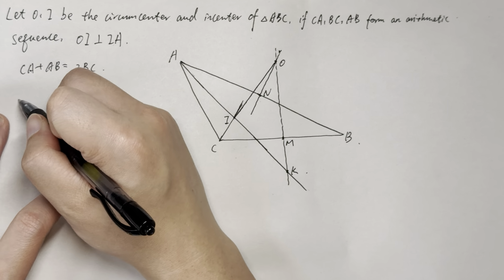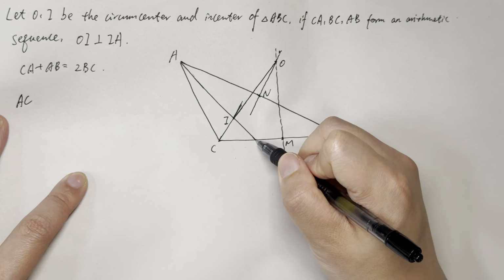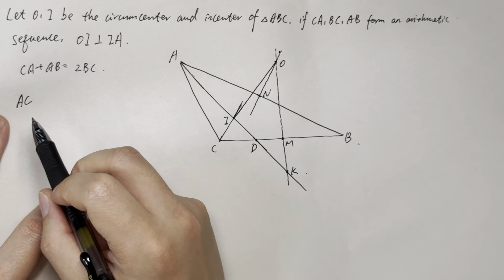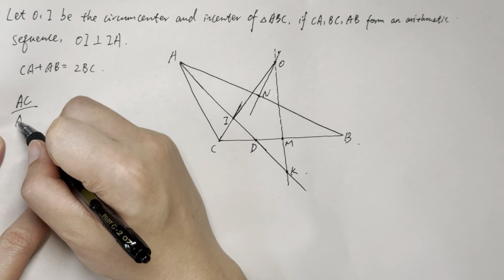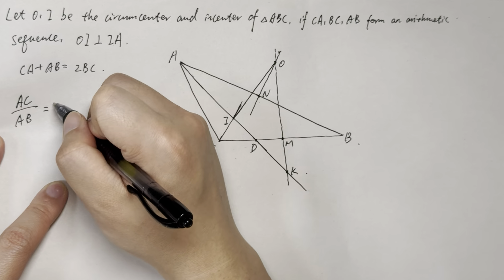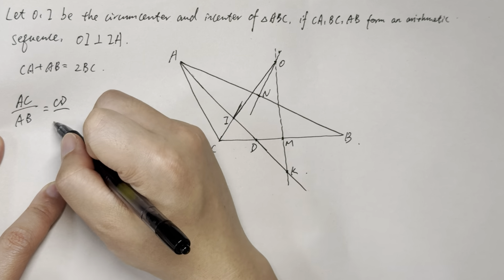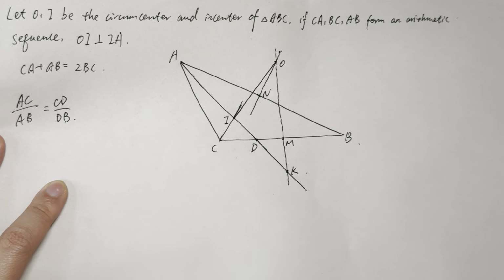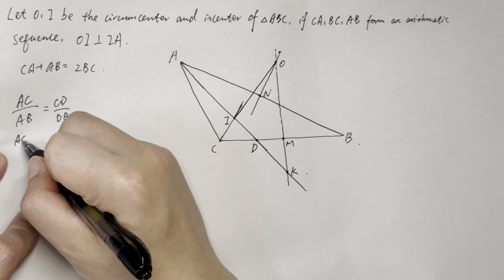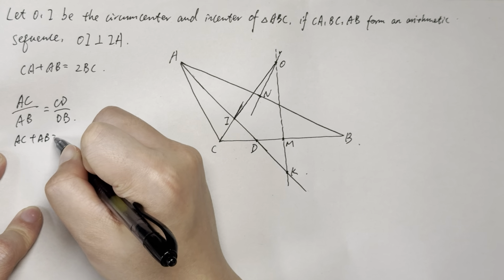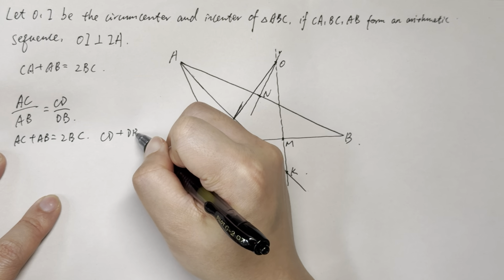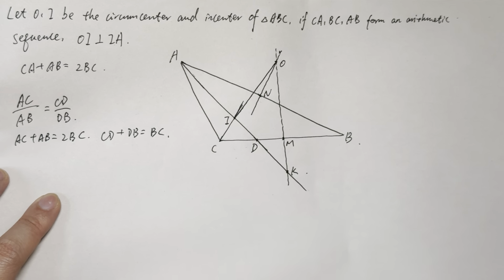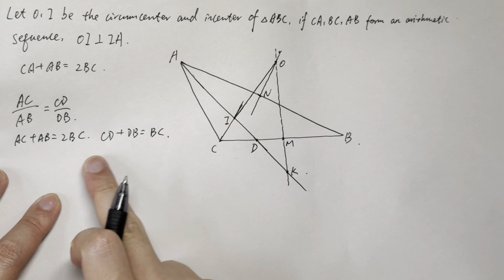That means, let's call this point D, that AC to AB equals CD to DB. And we know that AC plus AB equals twice BC, and CD plus DB equals BC. Right? See the relation here?